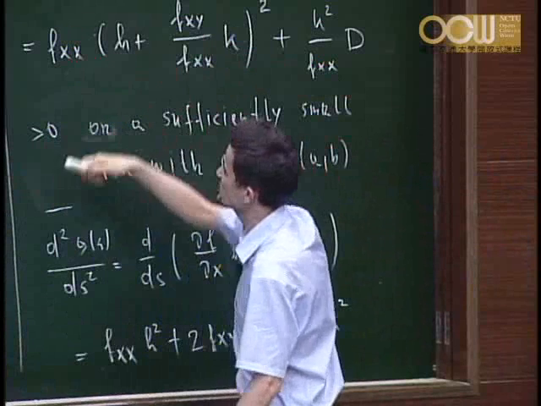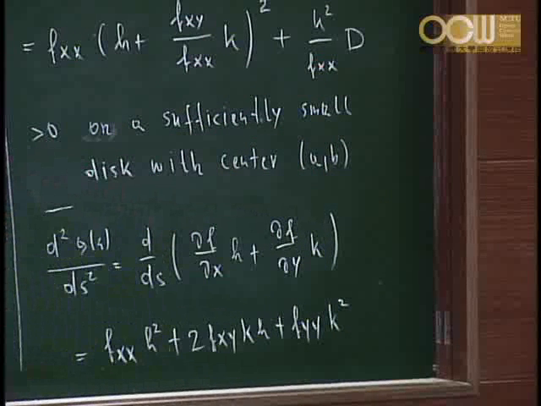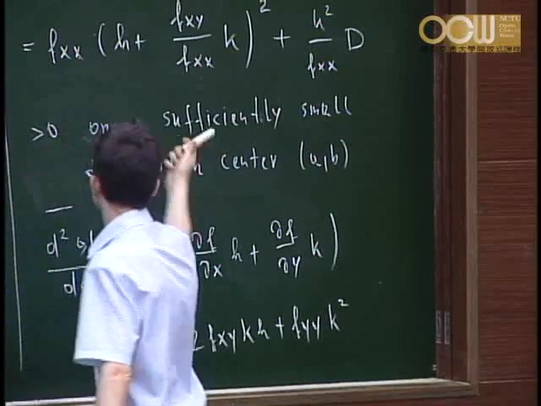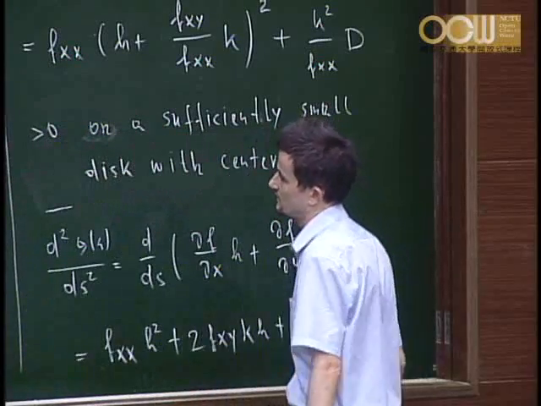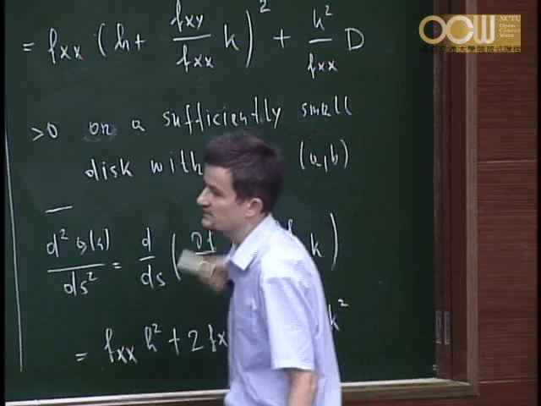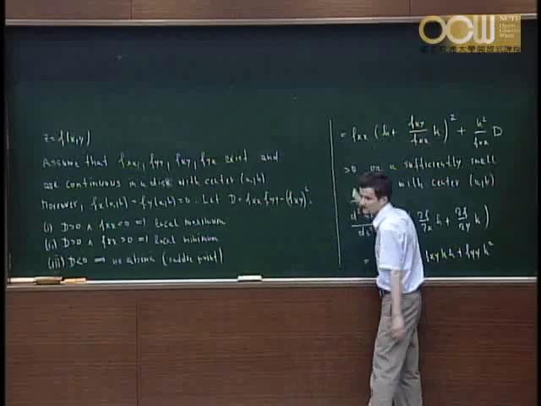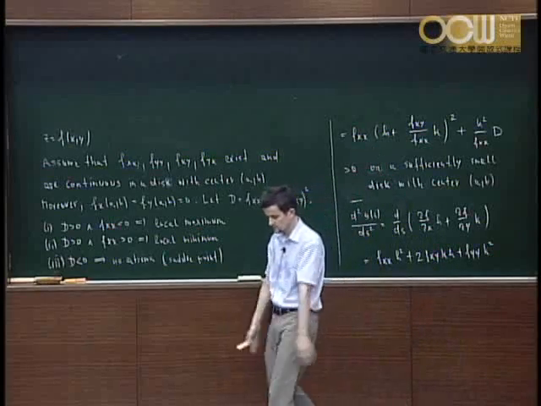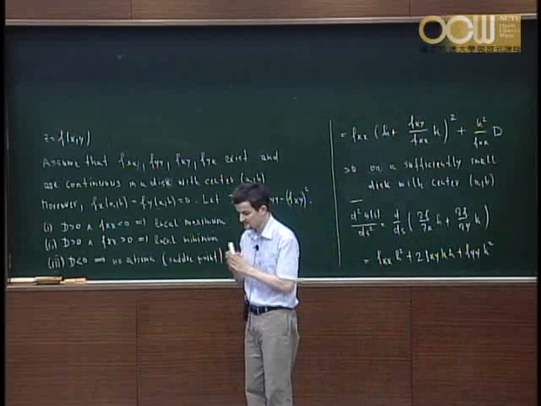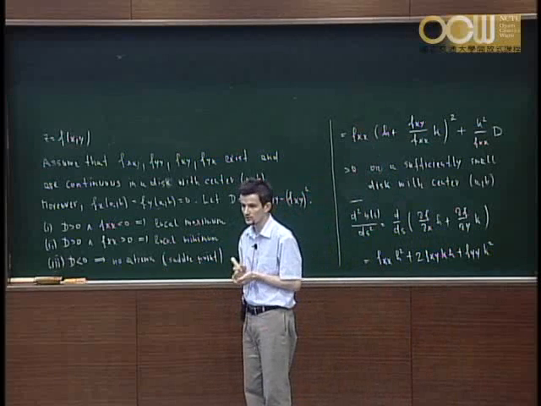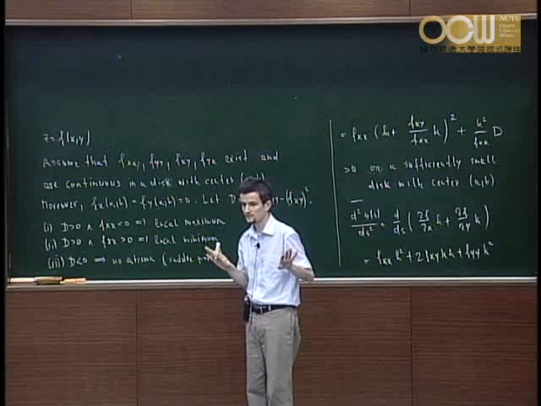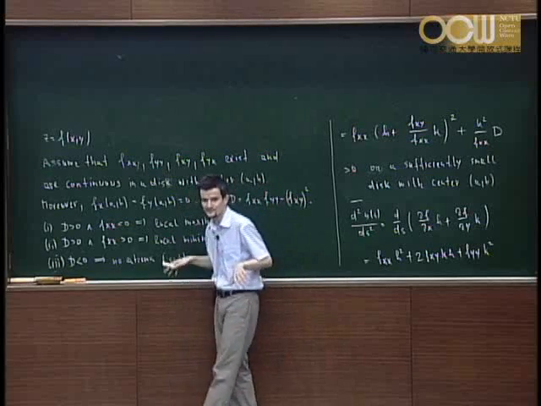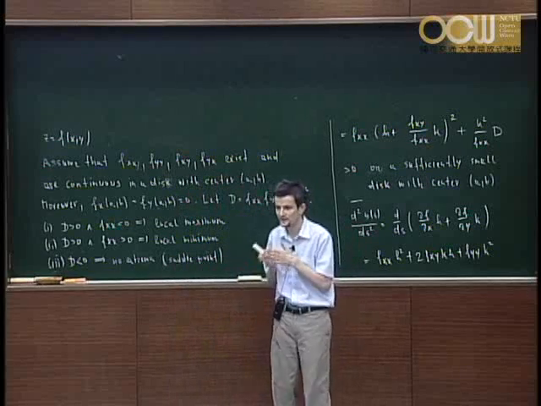This here is larger than 0, because of those. I'm talking about case 2 now. This will be larger than 0 on a sufficiently small disk containing (a,b), which means that if we leave (a,b) in a certain direction, the curve on which we are walking is concave upward, and this argument does not depend on the direction.